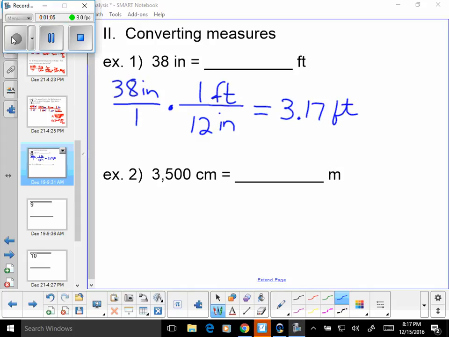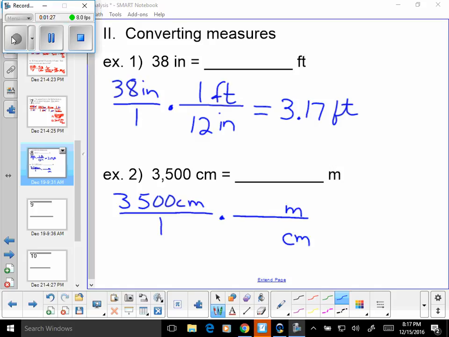Let's try example 2. We're going to start with 3,500 centimeters over 1. I want meters, so that means meters has to be in a numerator position. If I'm going to cancel that label of centimeters, it has to be in a denominator position.